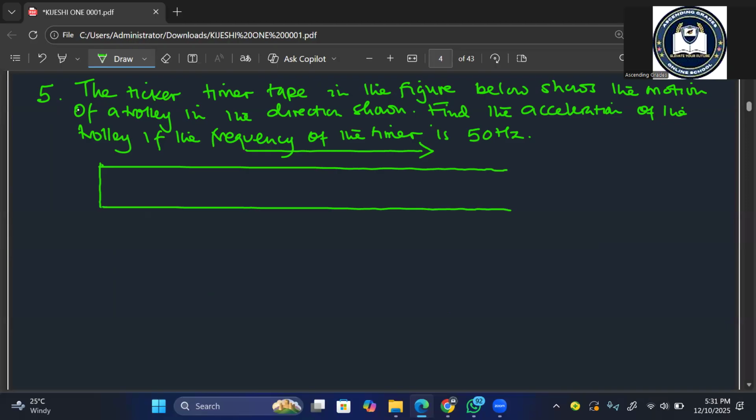It is going to have 13 dots in an increasing spacing.